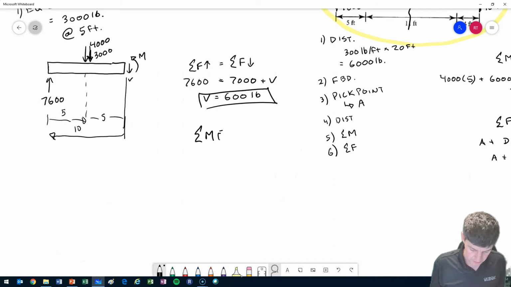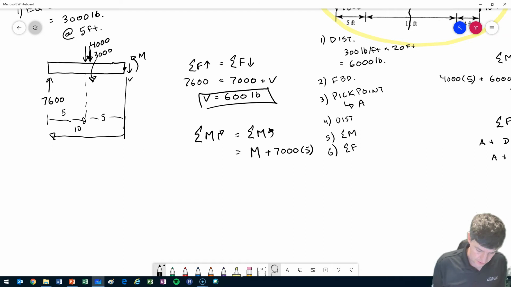Sum of moments in one direction has to equal sum of moments in the opposite direction. Start at my pivot point. There's always an M there. So M over here. 7,000 at a distance of 5. That's going counterclockwise. Keep going across. 7,600 at 10.